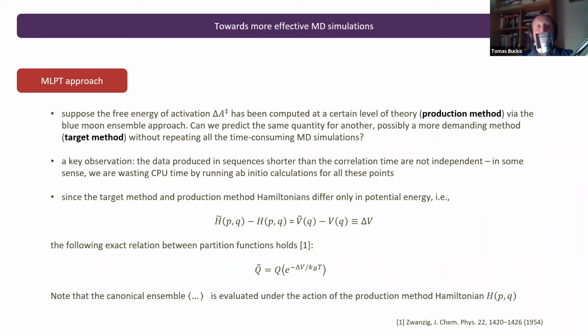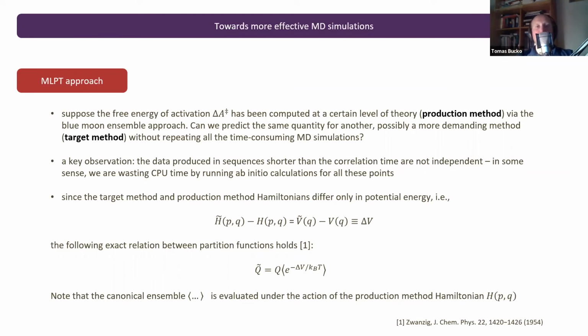Okay, now the key observation here is that the data produced in molecular dynamics in sequences that are shorter than the correlation time, which is typically of the order of, let's say, a few tens or hundreds of femtoseconds, are not independent. They are time correlated, as we already discussed. So in some sense, we are wasting time, if you like, propagating the system in time instead of really generating independent data, improving our statistics, right?